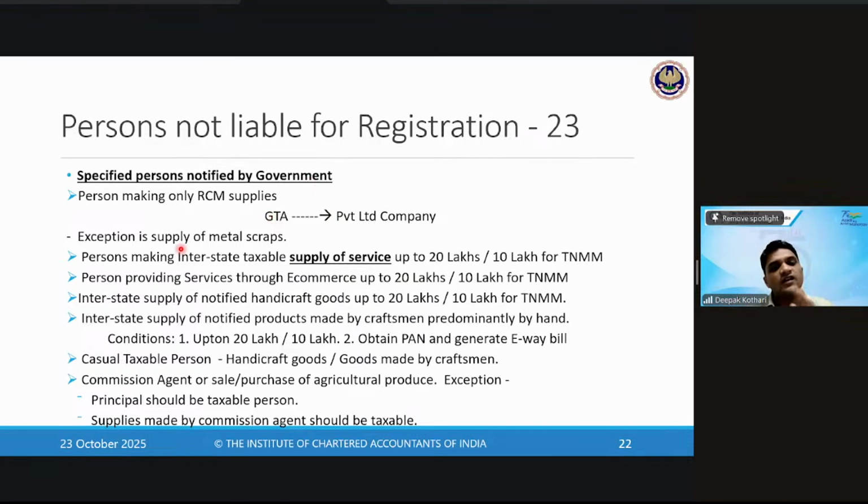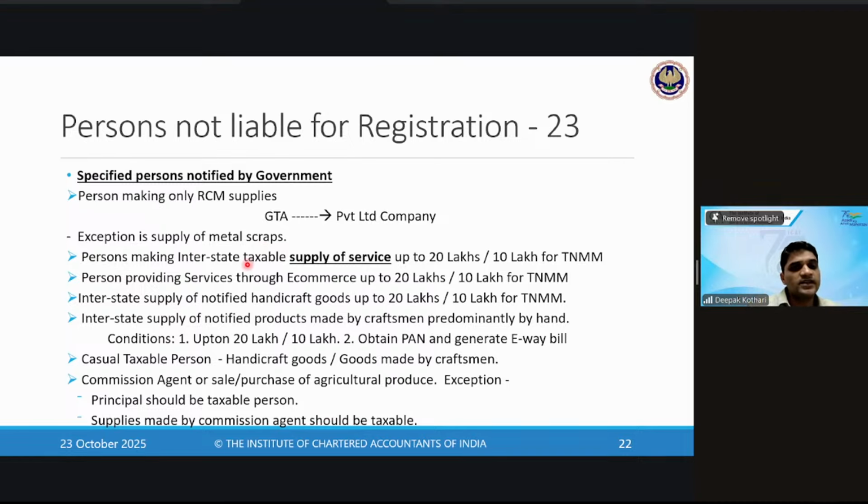Then, of course, we know that the exception is a person who is doing metal scrap supply, because in the metal scrap case the supplier has to take compulsory registration. Okay. Then a person who's making interstate taxable supply of services. But if you do interstate supply of goods, you have to take compulsory registration. But if you do interstate supply of services up to 20 lakhs and 10 lakhs, you will get the benefit.